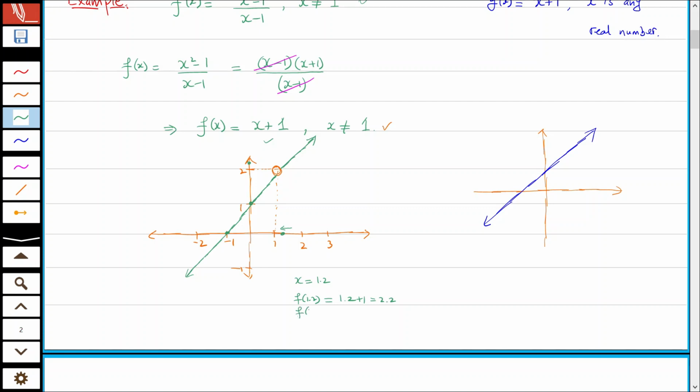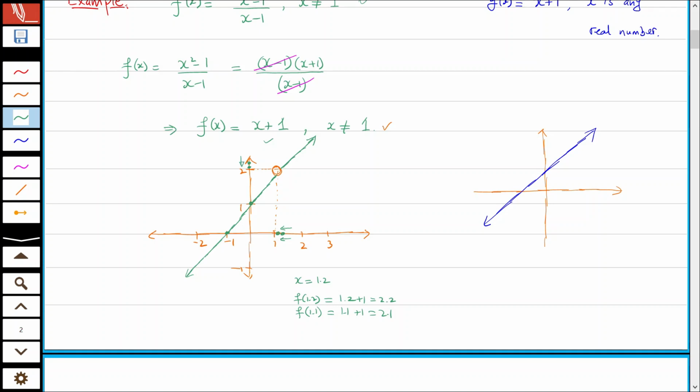I'm going to go closer to 1. 1.1. 1.1 plus 1 equals 2.1. If I have moved over here on the x-axis, my y value has moved over here on the y-axis. So if I'm going this way on the x-axis, I'm coming this way.